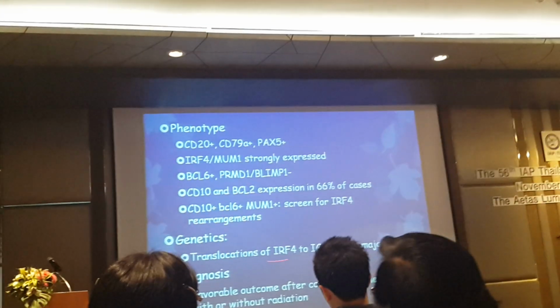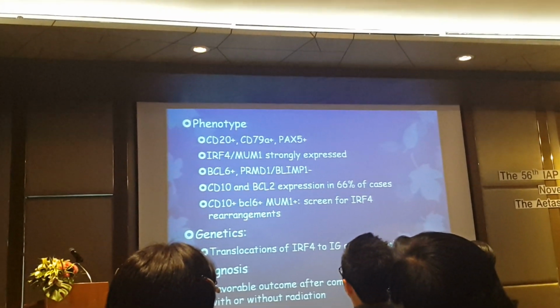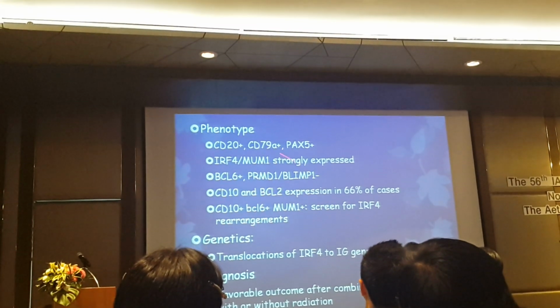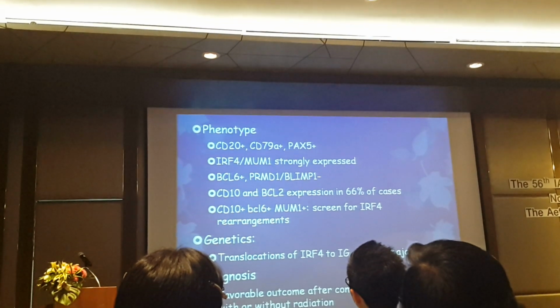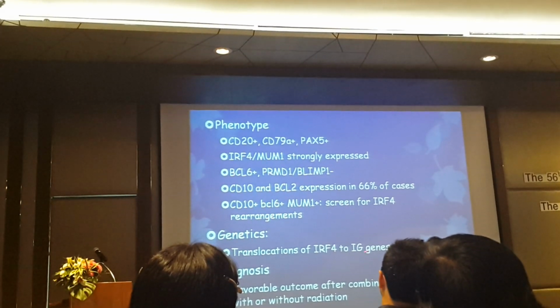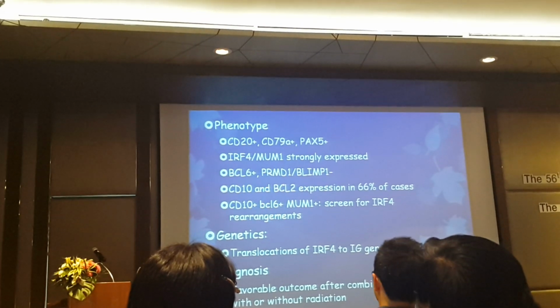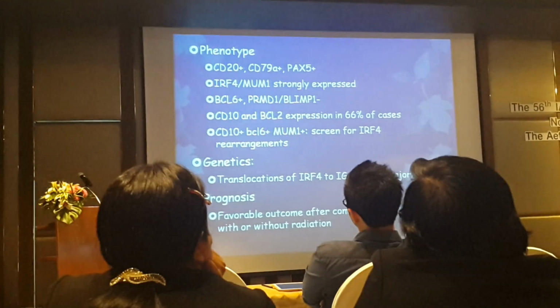So as I mentioned, the phenotype can overlap with that of follicular lymphoma, with expression of CD10 and BCL2 in about 66% of cases. The most important feature is the strong MUM1 expression, and the only way to really define this is to demonstrate the translocation of IRF4 to the immunoglobulin genes in a majority of cases.